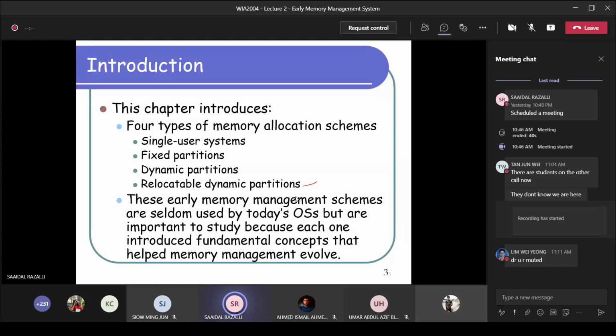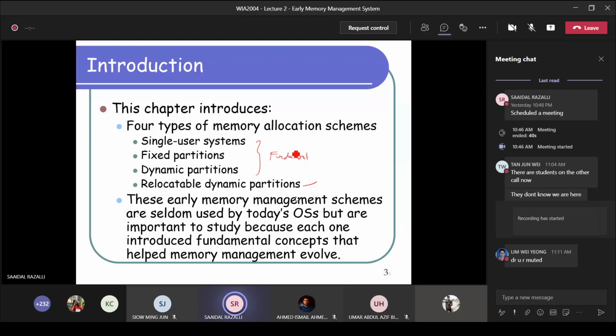These early memory management schemes are seldom used by today's OS, but are important to study because each one introduces fundamental concepts that help memory management evolve. Now there are more parallel, more advanced ones, but all this is fundamental.